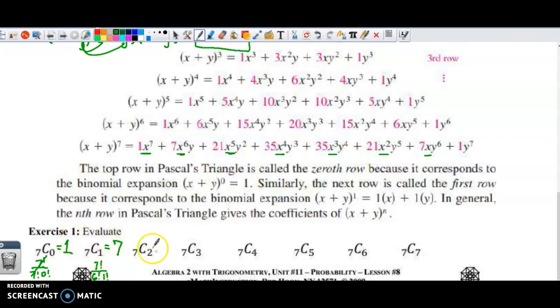So see if you think you know the next one already. And what you should recognize is these numbers are matching up perfectly to that row of Pascal's triangle.